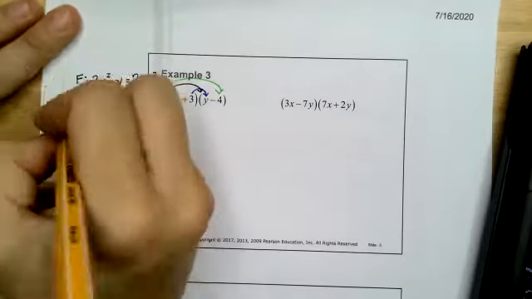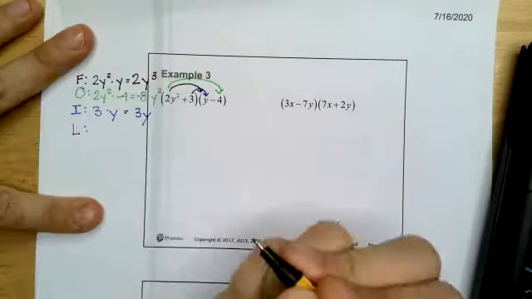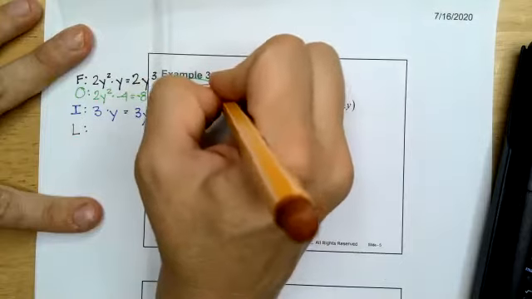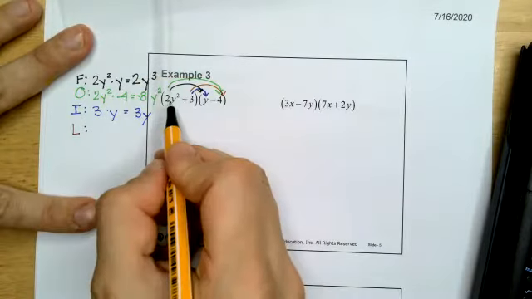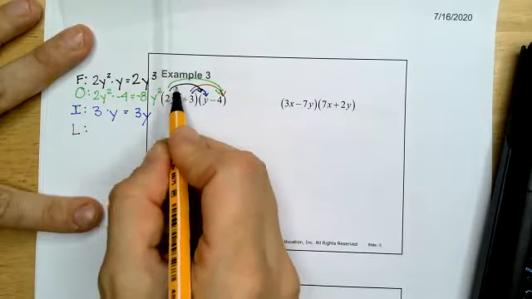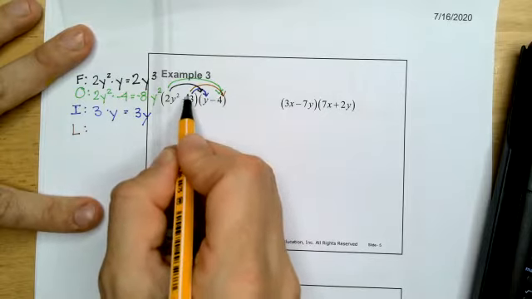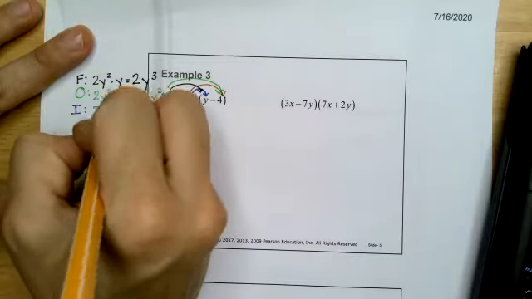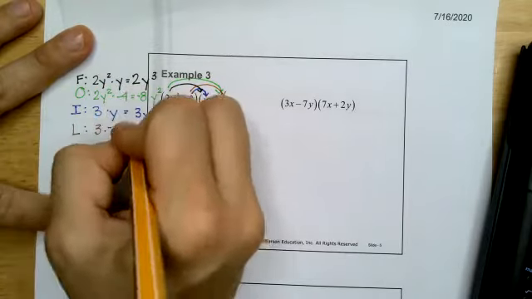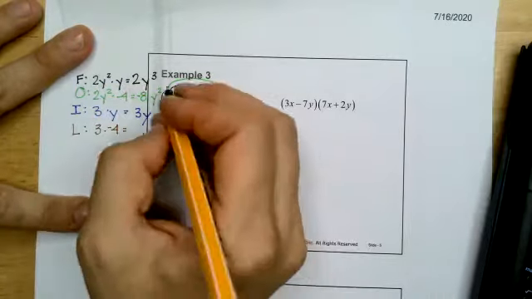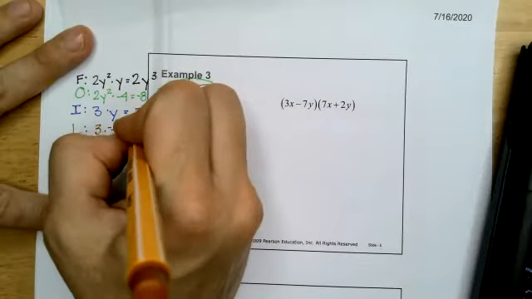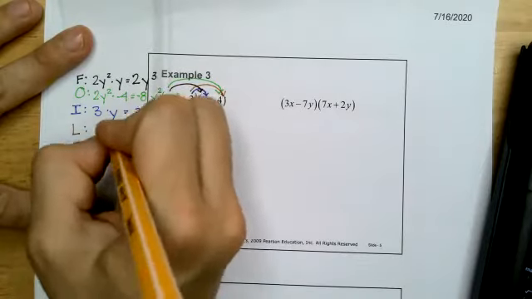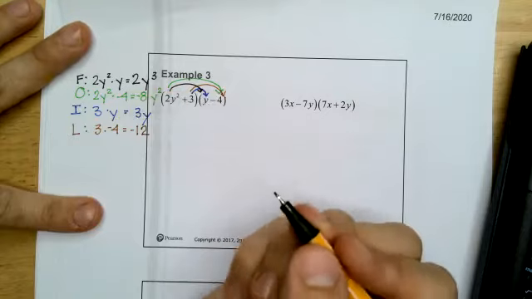And then last is just 3 times the last term. So we took 2y squared, we multiplied it by the first one, the second one. Now we're taking +3, and we multiplied it by the first one. Now we're multiplying it by the second one. 3 times a -4. There are not any variables, and that's fine. 3 times a -4 is 12, right? But positive times a negative is a negative.